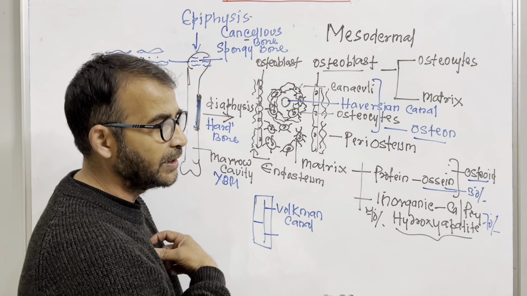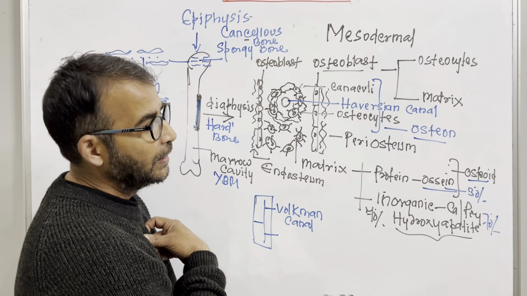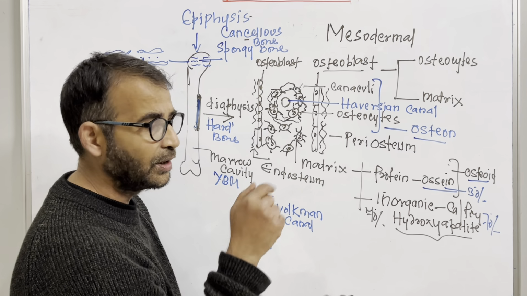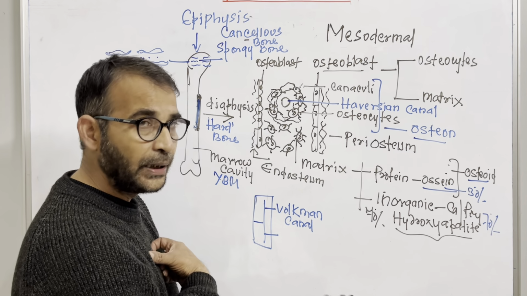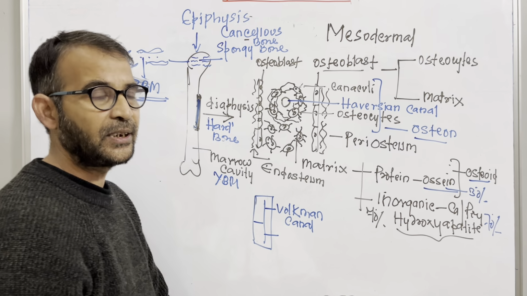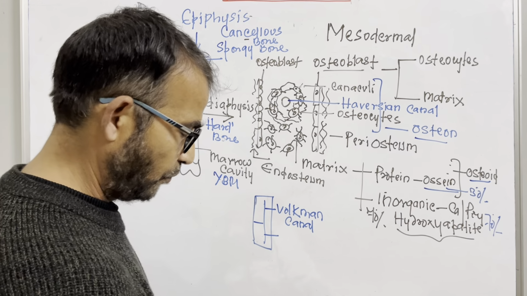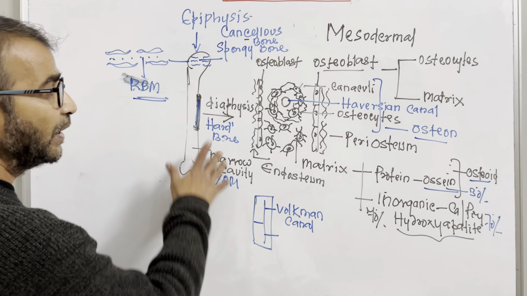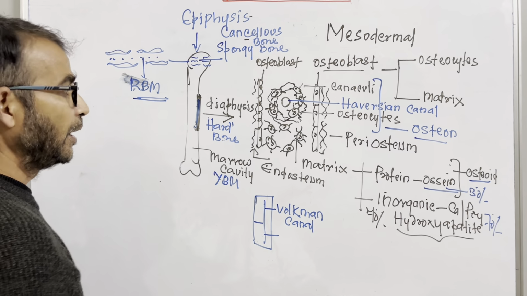It is mentioned in NCERT 11th class. Then you have thyroid hormones, calcitonin, and parathyroid hormone, which have to do with the bone. So let us study these 4 or 5 hormones which play a significant role in bone formation.